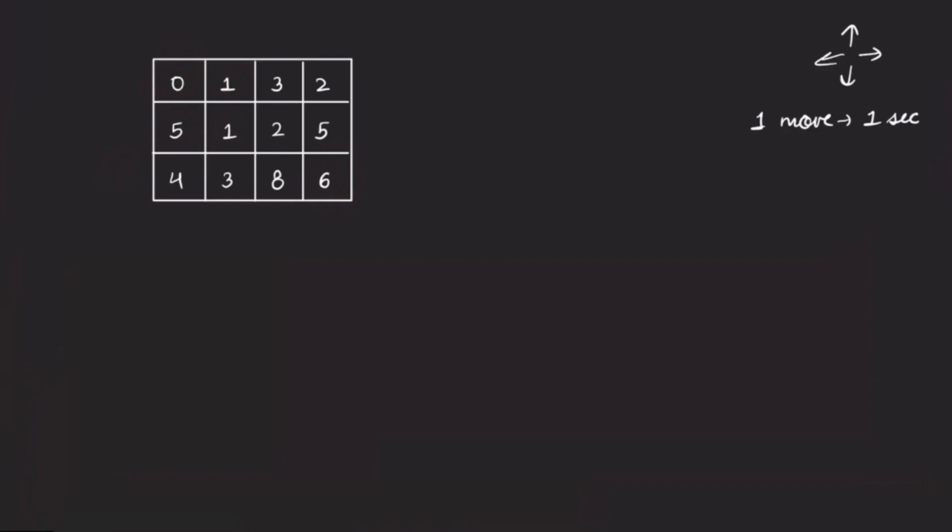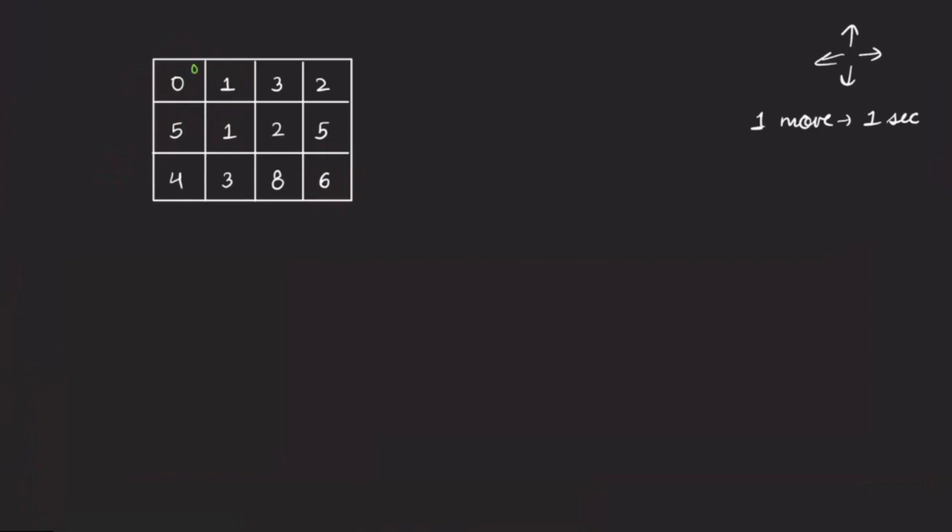So first let's understand what our base condition is, when our answer is not going to be possible. When I am at this particular cell, my time is 0 initially. From here, I can move towards right, bottom, left or top. Left and top are not there, so I can move to these two cells.